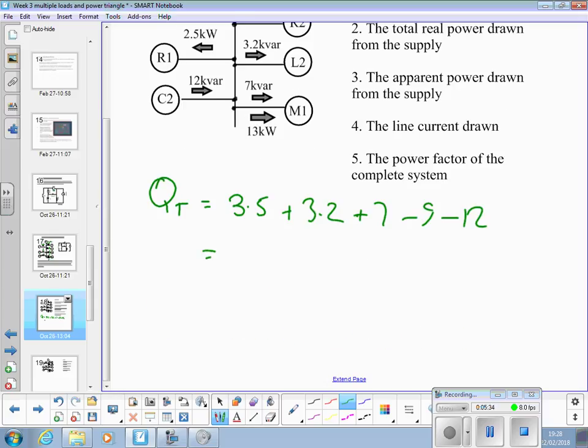The total of all that is minus 7.3 kVAR. So we just add them all up and we've got the total Q.